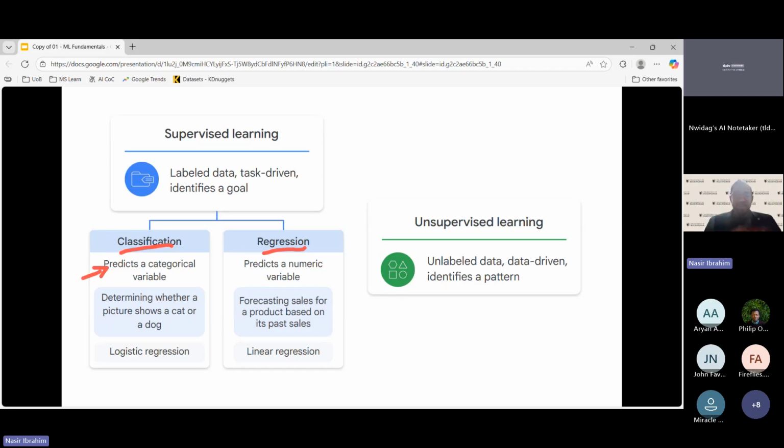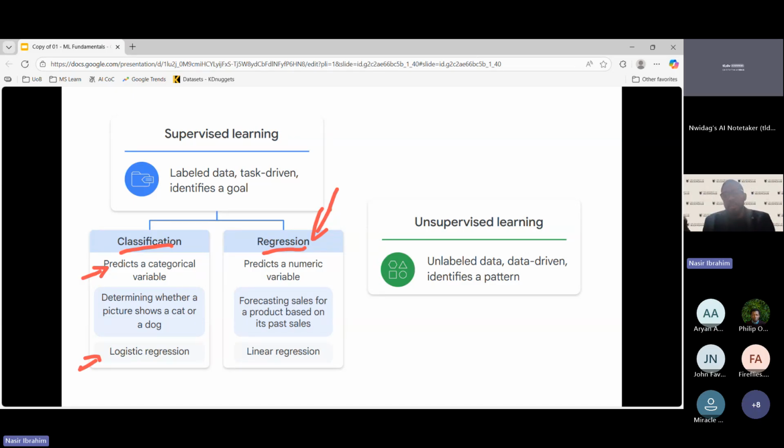Okay, so very briefly, in a classification problem, you have discrete classes. You determine whether a picture is of a dog or a cat. An example algorithm is logistic regression. Then we have another class of problem, which is regression. This is where you predict a numeric variable.